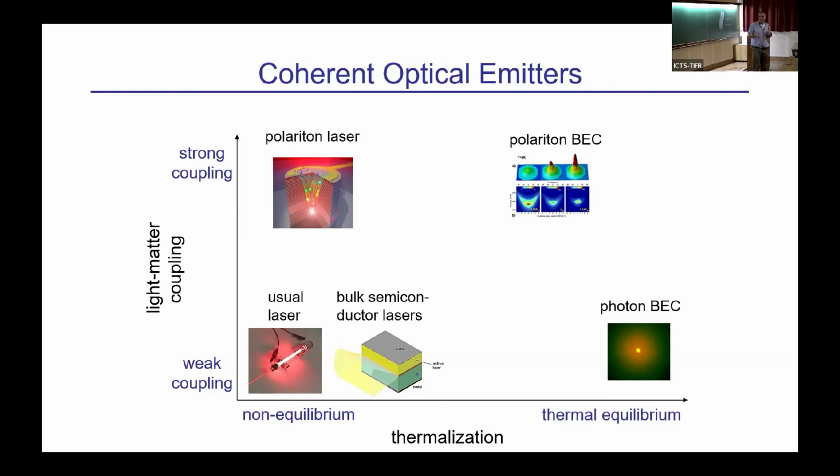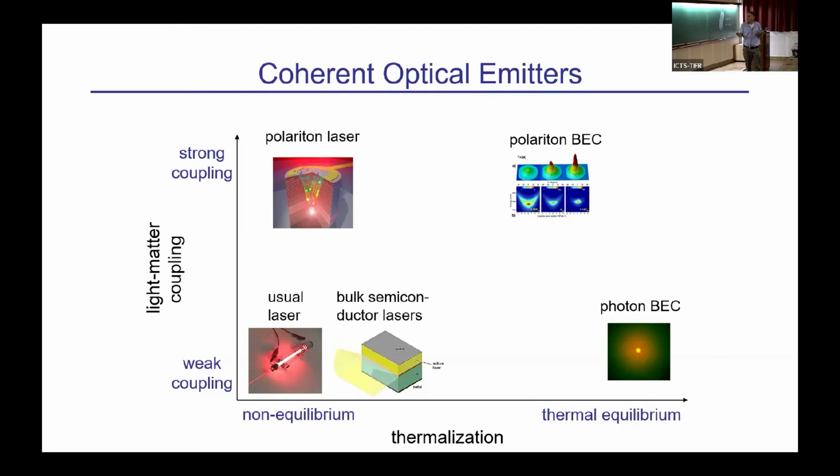And what I will talk about today is physics that comes into play where one is not perfectly in equilibrium, but there is some dissipation, and this gives rise to novel phases.